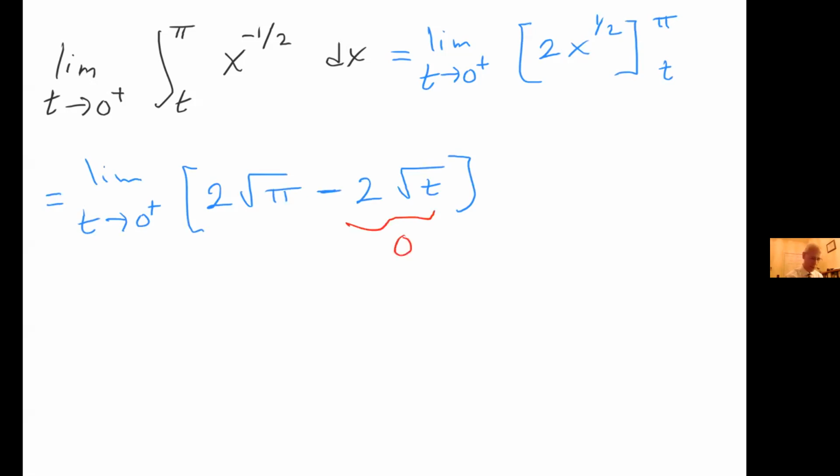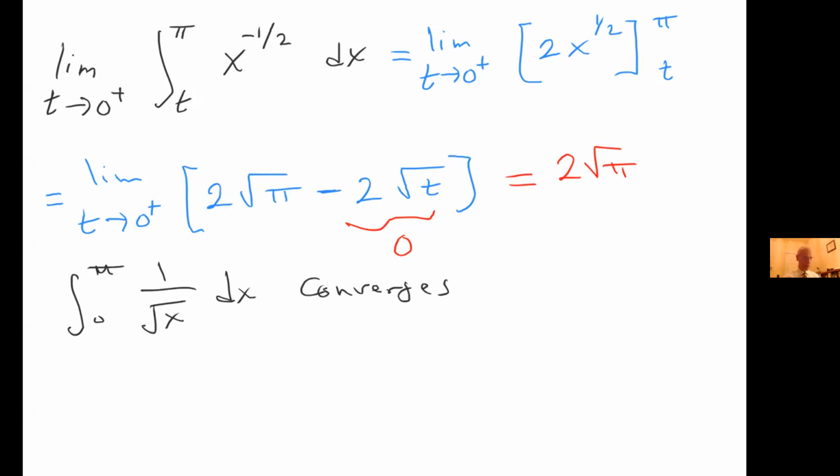So this whole thing equals 2 square root of pi. All right. So now we showed that from 0 to pi, the integral of 1 over root x dx converges.